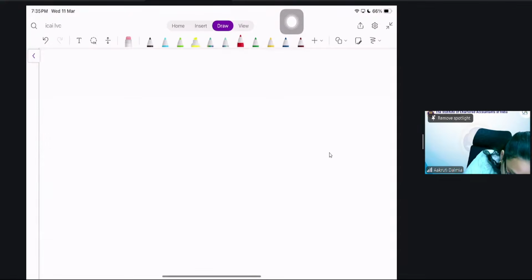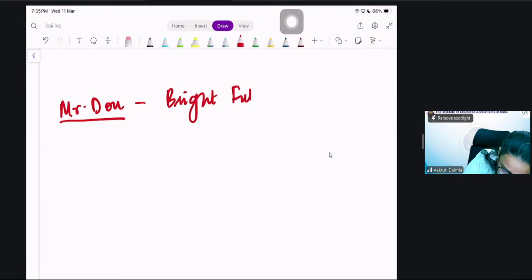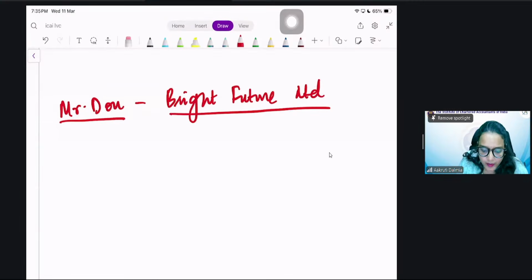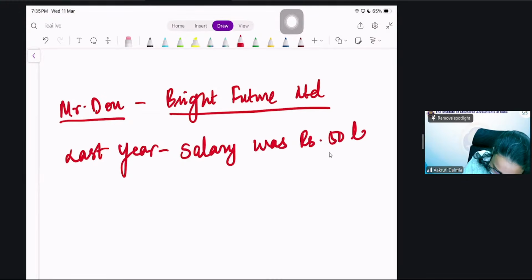So, as usual, we'll take Mr. Don as our CA. Mr. Don is our CA. Again, we'll take Bright Future Limited. Now you notice something. Mr. Don has noticed that last year the salary was rupees 50 lakhs.